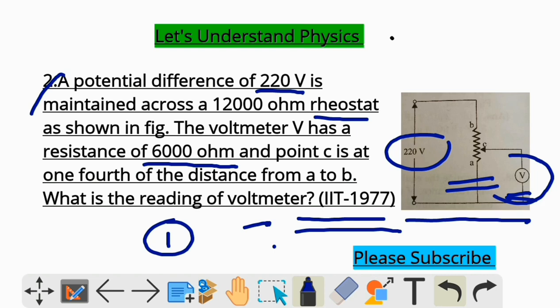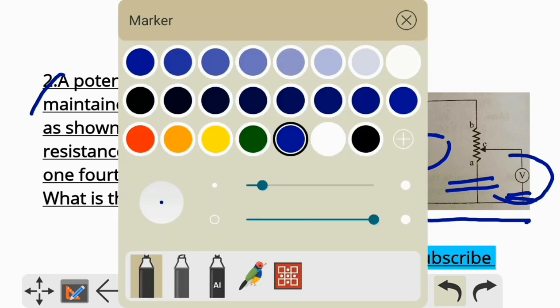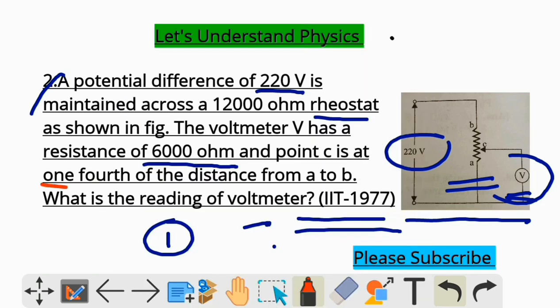What is the length given? A to C, if you observe in the question, is 1/4 of the distance from A to B. A to B, let us take as 12,000 ohm, but A to C is 1/4 of the distance.